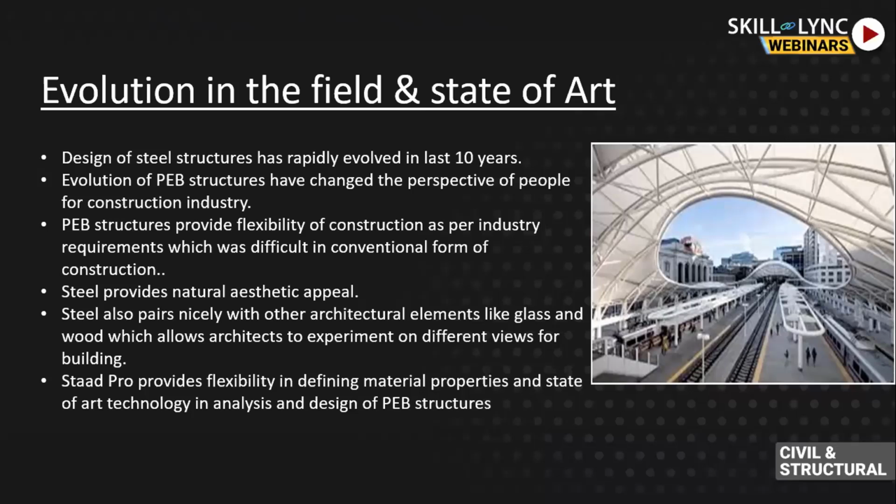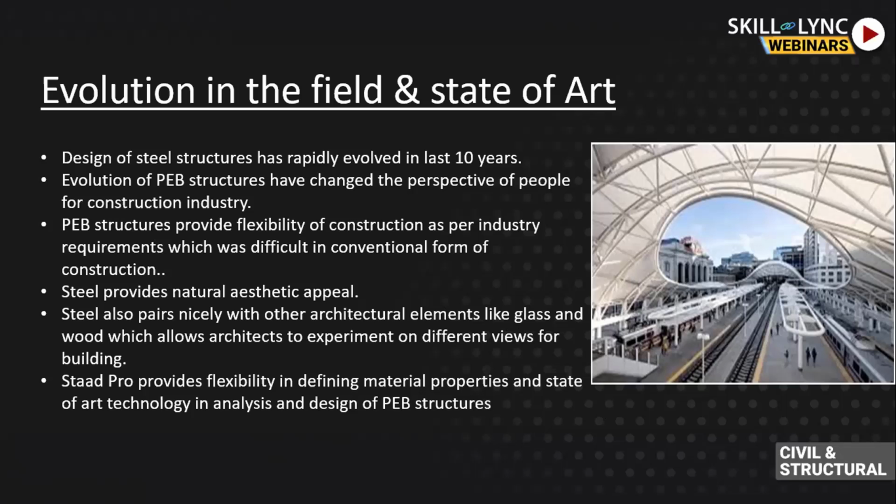These structures can be built according to your requirement. All the aesthetic properties are also taken care of in these structures. Steel is a unique material that you can mold into whatever forms you require. That gives you the flexibility of architectural views, whatever you require. It is very natural, and it blends very well with wood and glass.